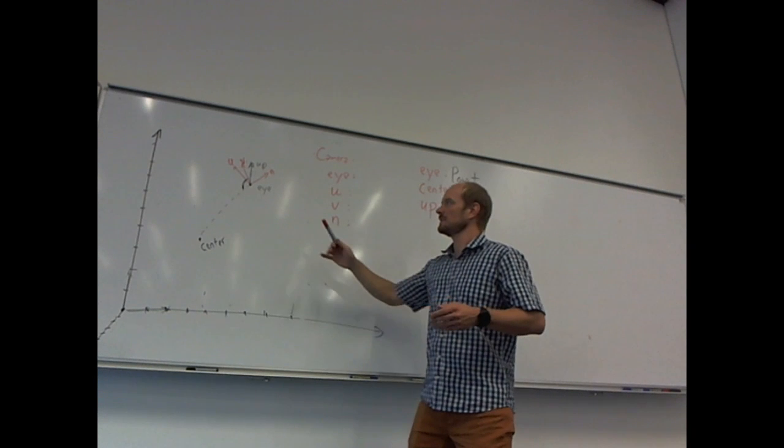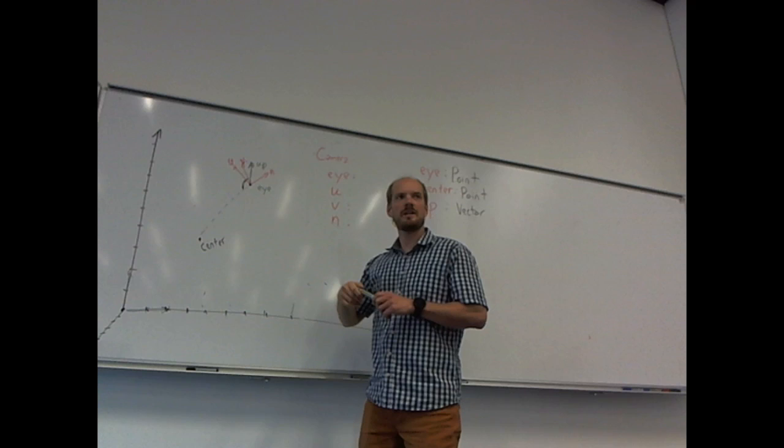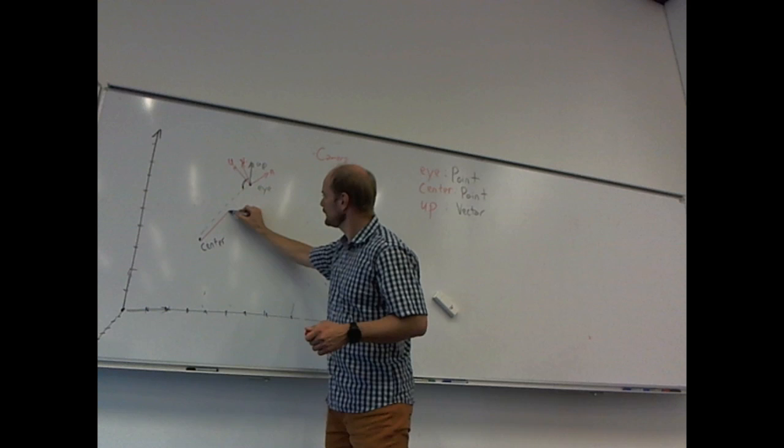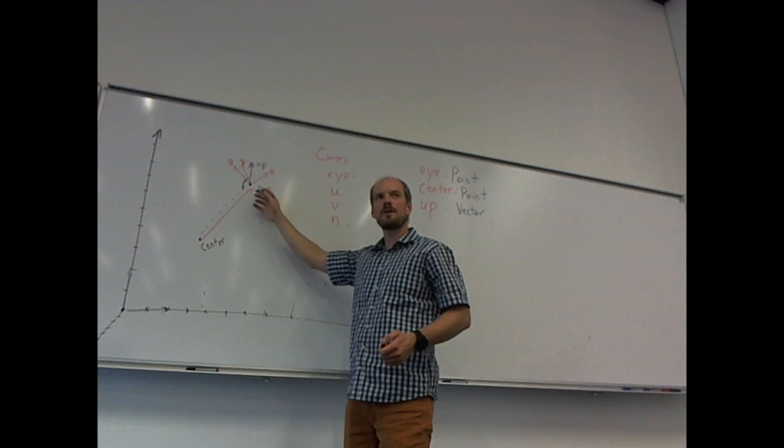So n is simply I minus center, right? If we do I minus center, we get a vector that is in the correct direction for n. We're going to have to normalize it later on, divide it by its own length so that we get a unit vector.